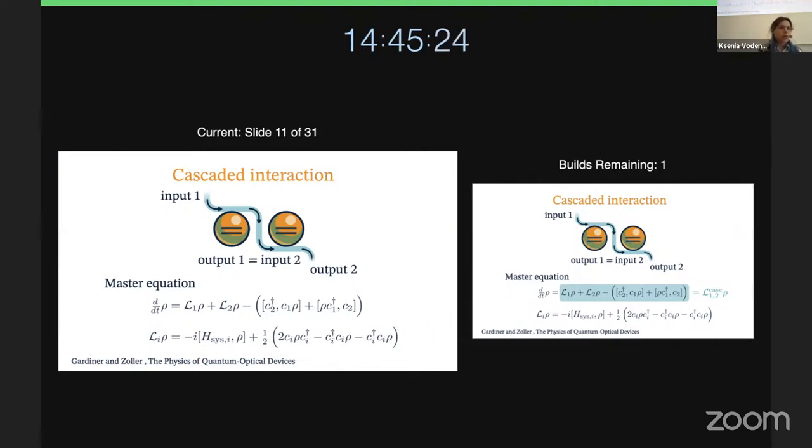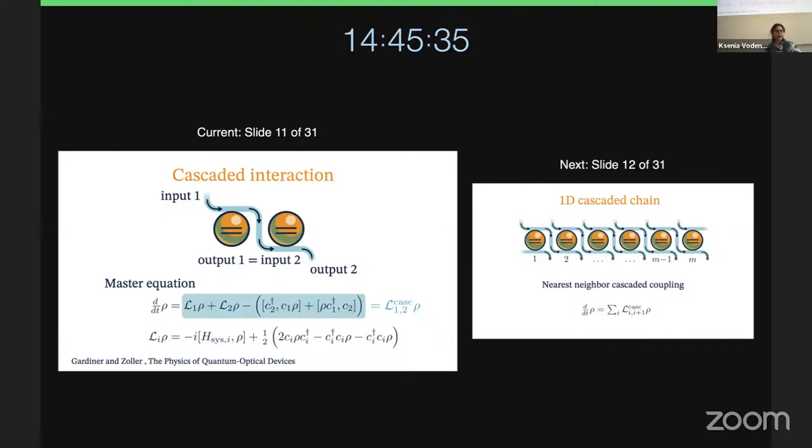And then the last term in the parentheses, this is the interaction, this unidirectional cascaded interaction between them. Just to simplify a little bit for you, let's just call this the cascaded Lindbladian, okay? We just know that there is a master equation, a nice Lindbladian.